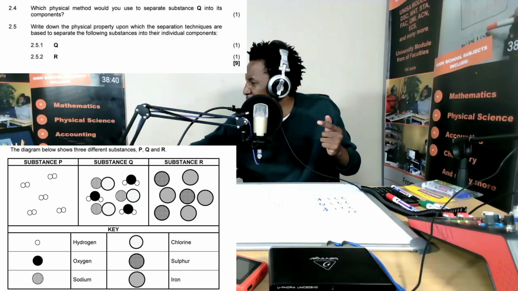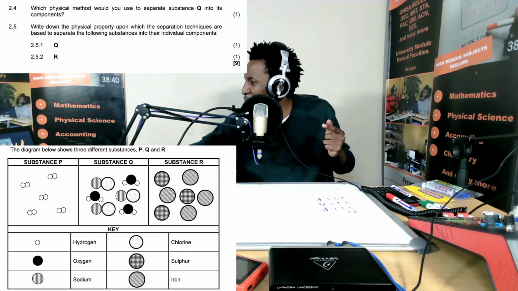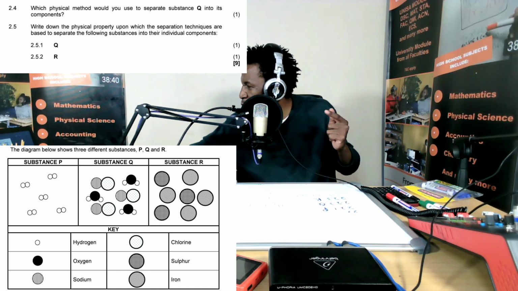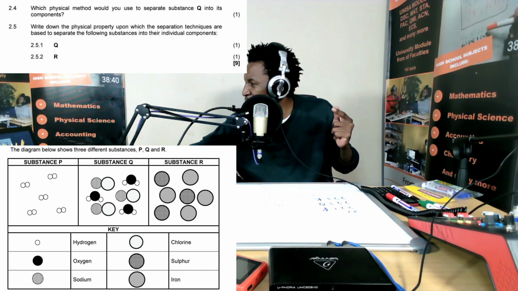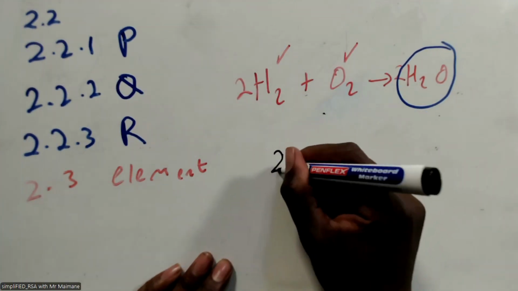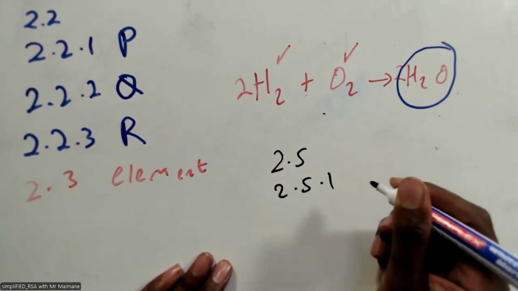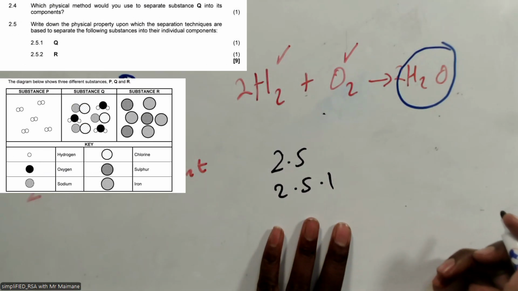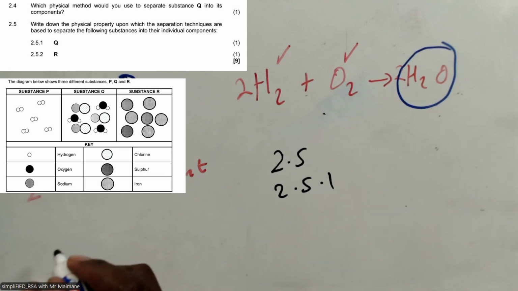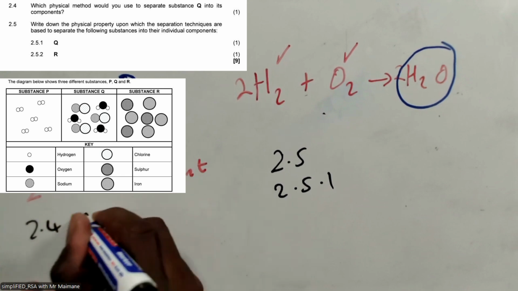And then 2.5, quickly, because of time now, write down the physical property upon which the separation techniques are based to separate the following substances into their individual components for Q and R. For 2.5.1, to separate the substance Q, evaporation is what we said.